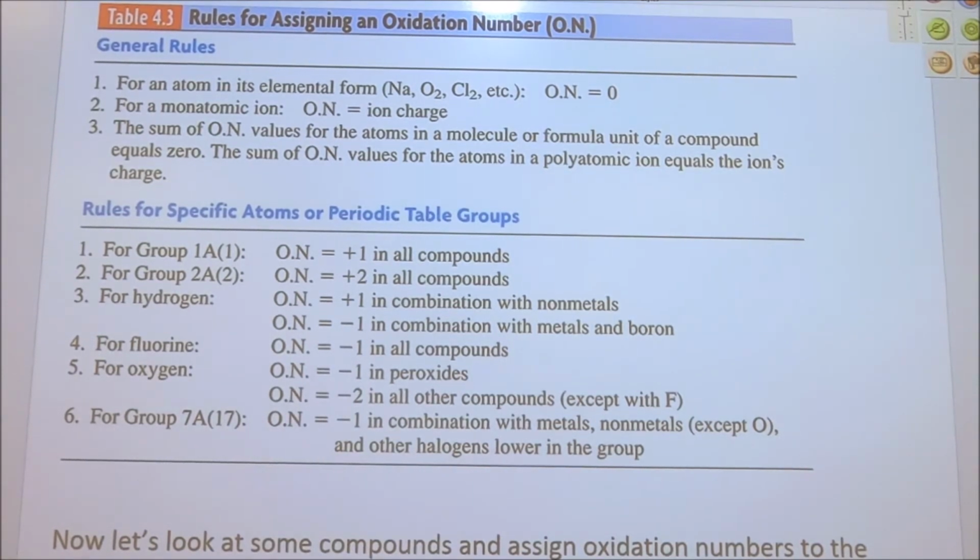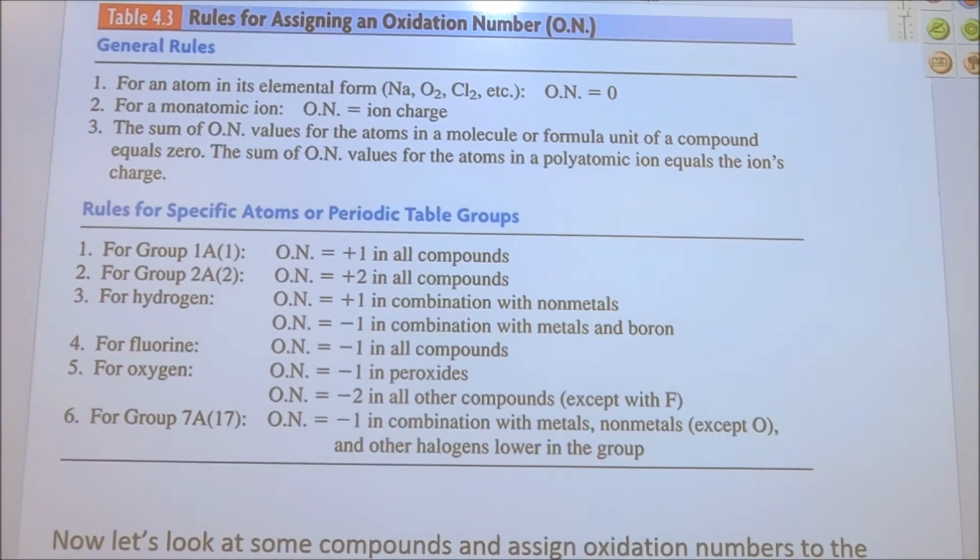Hydrogen is going to have an oxidation number of +1 when it's combined with a nonmetal, and -1 when combined with metals and boron. Fluorine always has an oxidation number of -1 in all compounds. Fluorine is the most electronegative element on the periodic table, and because of that, anytime it gets involved in bonding, it wins the battle for electrons. Oxygen has an oxidation number of -1 in peroxides.